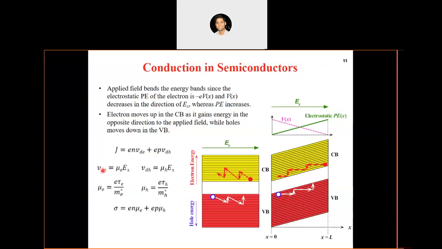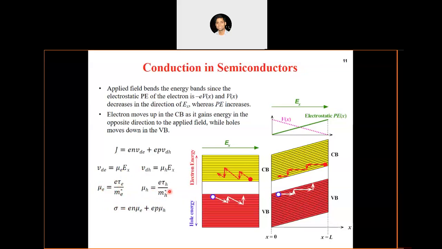And all the drift velocities as well as mobilities will be defined as we defined earlier in the case of metals also, right? Vd is simply mobility times the electric field, and mobility is defined in terms of mean scattering time and effective mass of the carrier. So for electron, it will be the effective mass of electron, and for hole, the effective mass of the hole.